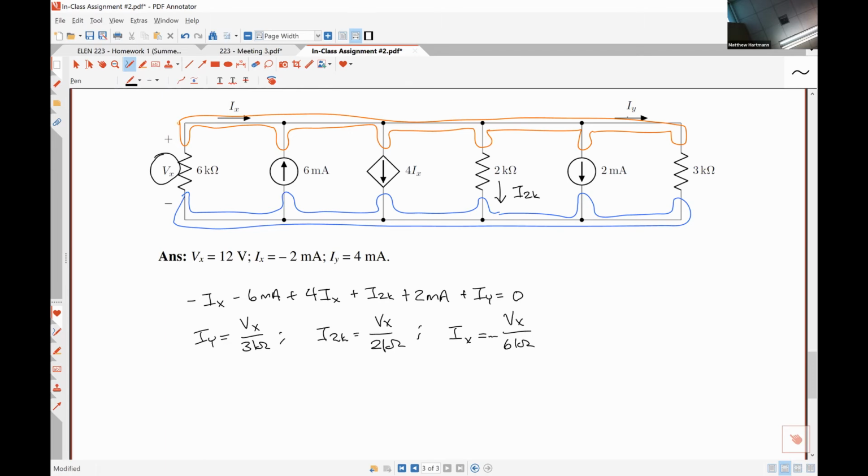The way that I've drawn Ix and Iy is the current flowing through a short circuit, but it may be helpful for you to extend the line so that you can see it's flowing down through this resistor. Similarly, this one was flowing up through this resistor. So you could redraw the circuit to better show what resistor the currents are flowing through. I think that could definitely be helpful.